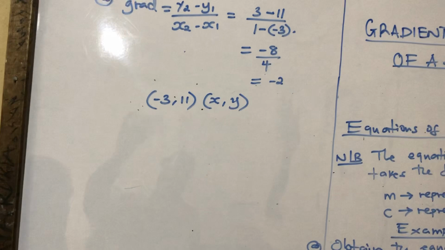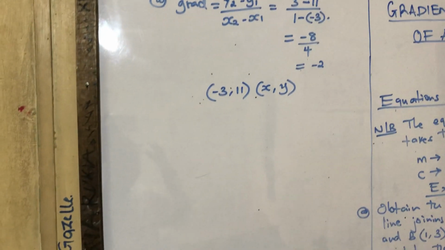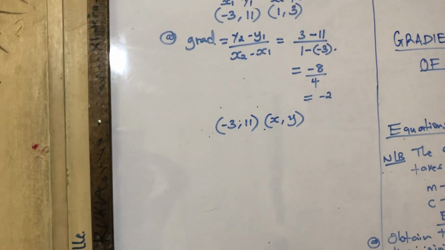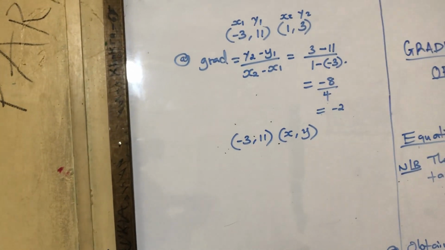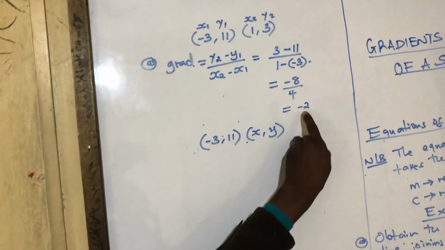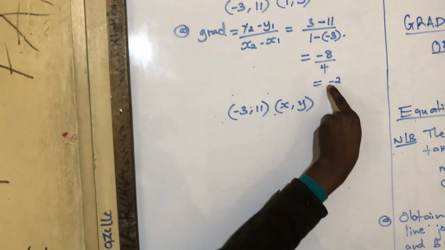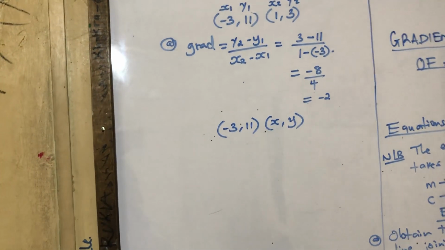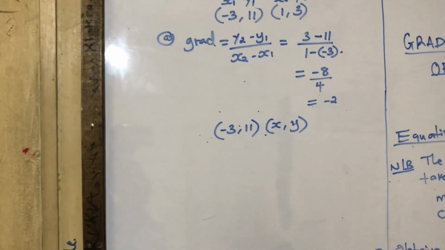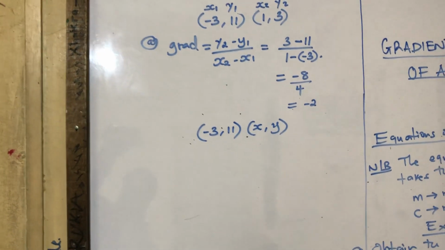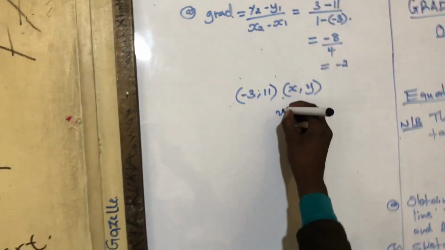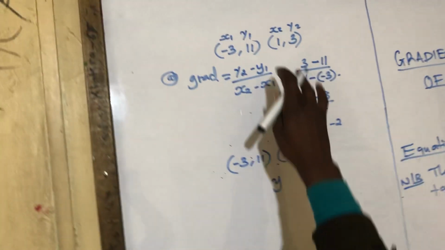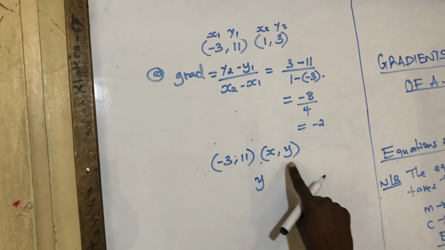This time round, we are also going to make it look like we are looking for the gradient. But ideally, we are not looking for the gradient because we already have it. This time round, our goal is to obtain the equation. So what will we have in this case? I will have, what's our y2? That will be y. We still go with the same original formula.